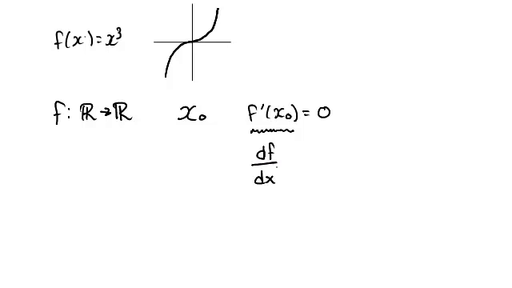That's a function. When you want to evaluate a derivative, we use this notation of this bar to the right. If I put x equal to x0, it means that I want to evaluate this derivative at the point x0, and if it's 0, then x0 is a stationary point.